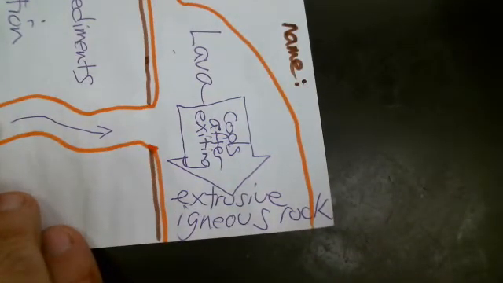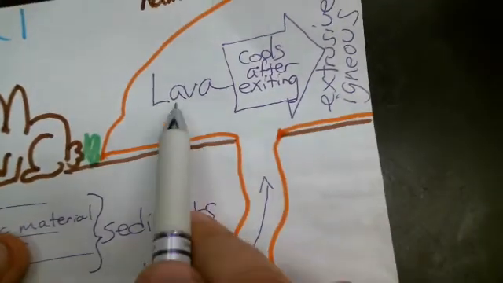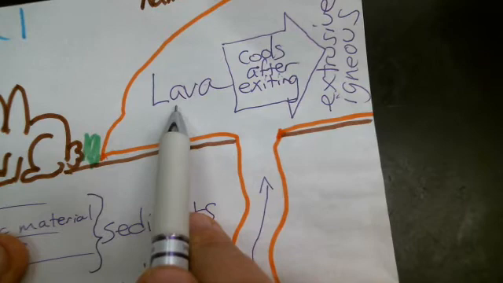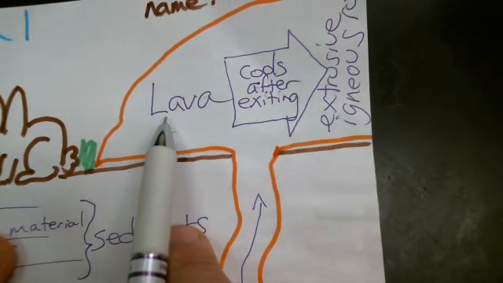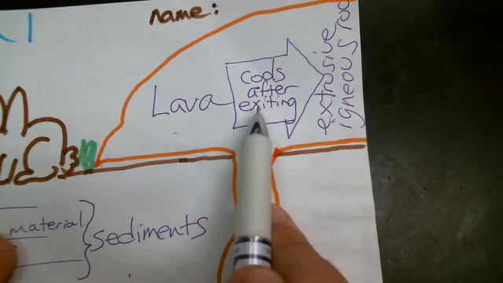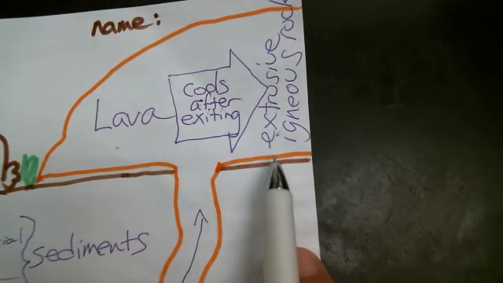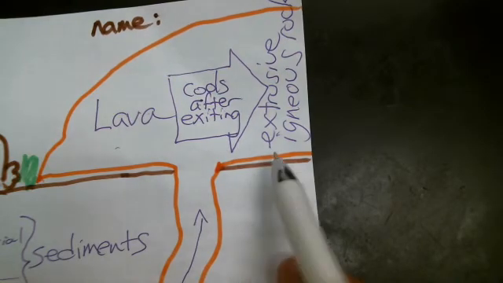Extrusive igneous rock. So when it's hot liquid on the outside, it's lava. Since it's outside, it's going to cool down with the air blowing over it, or maybe water. And once it cools, it's solid and it becomes something called extrusive igneous rock.